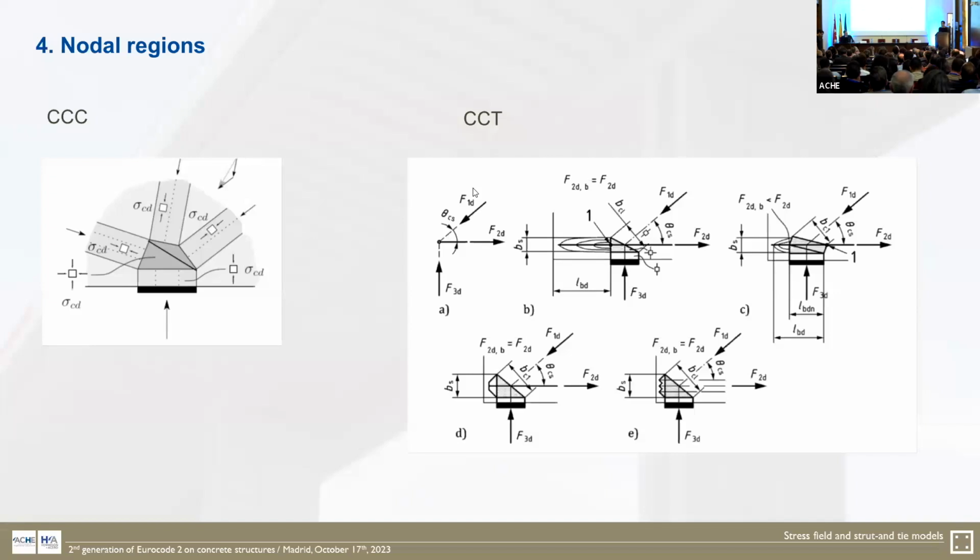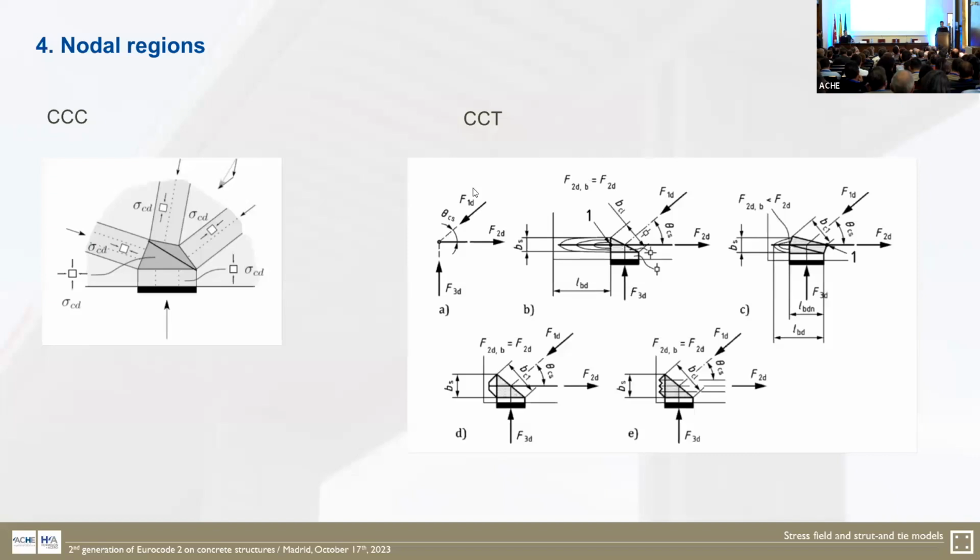The point we have to make is that the state of stress is a bit more complex. This is why the limiting stress of the strut coming to the node, which in this case would be this one because this angle might be lower, is the one also governing the size you have here. As you see, it is a bit larger than this one.